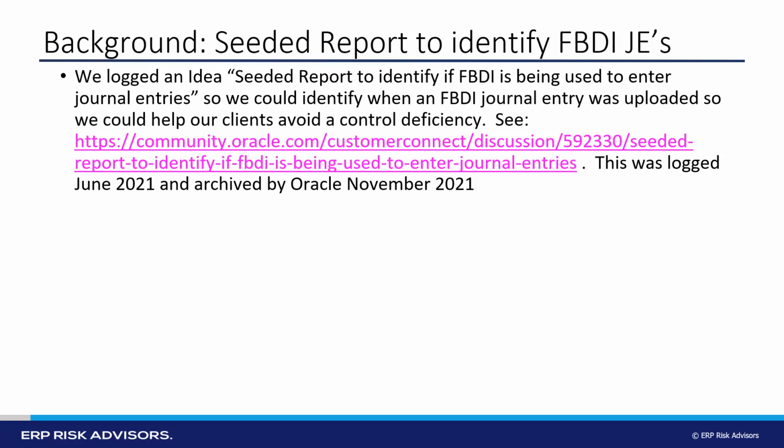If it hasn't been used, then even though somebody has access to that ability, it hasn't been used, so that would kind of close the potential risk to the organization. If it had been used, then you'd ask the question, was that activity authorized, and how was the journal entry reviewed for completeness and accuracy? Was it properly approved? Or was it used to manipulate financial statements? Those are the different conditions.